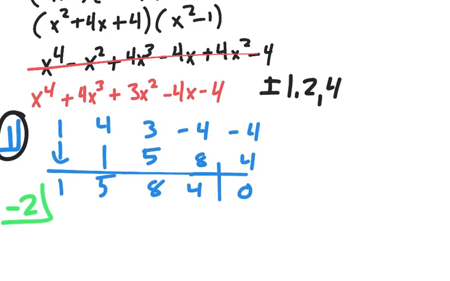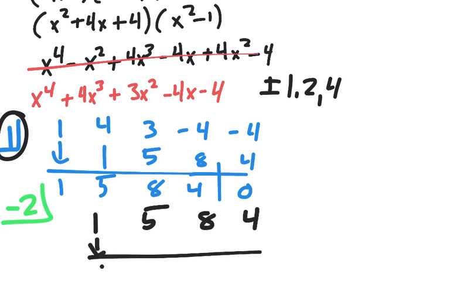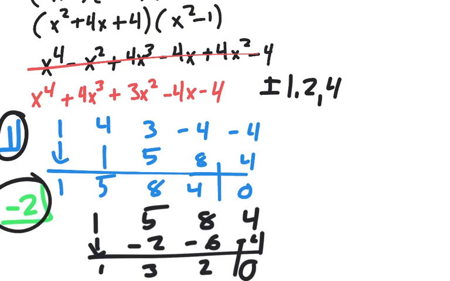Okay, and that's going to give me 1, 5, 8, 4. That's going to be 1, -2, 3, -6, 2, -4, 0. So -2 works. And now what I have left is x squared plus 3x plus 2.